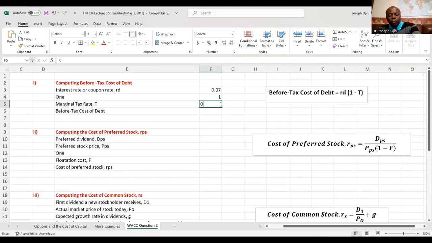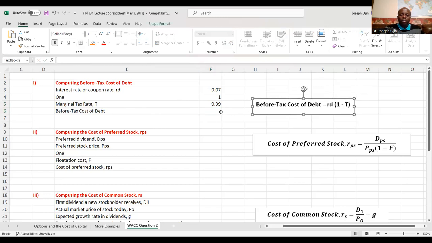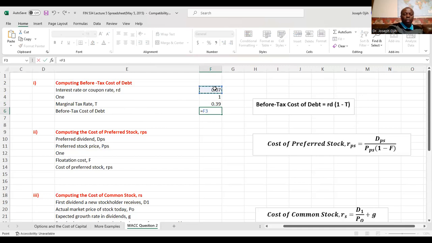With that, we can compute our before tax cost of debt using this formula here. So you have equals RD, which is 7%, times, in parentheses, 1 minus the tax rate.